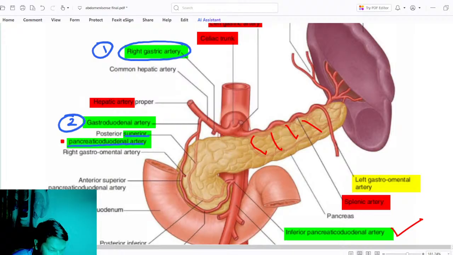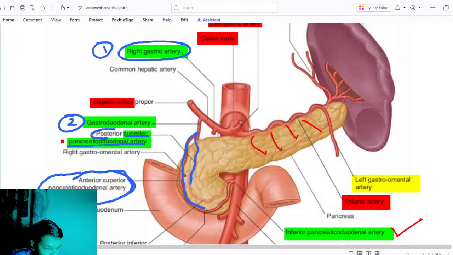It also has anterior and posterior. One branch coming anteriorly, like this one. So this is the anterior superior pancreaticoduodenal artery. This branch coming anteriorly. Another branch going posteriorly. So this is the posterior superior pancreaticoduodenal artery.